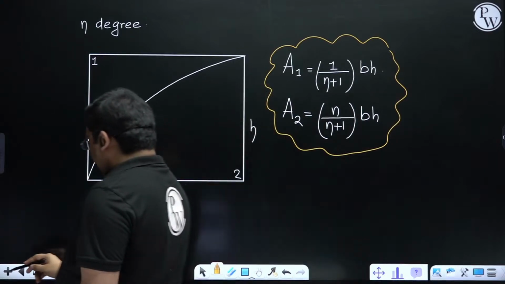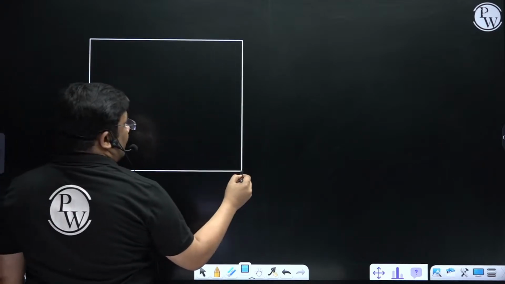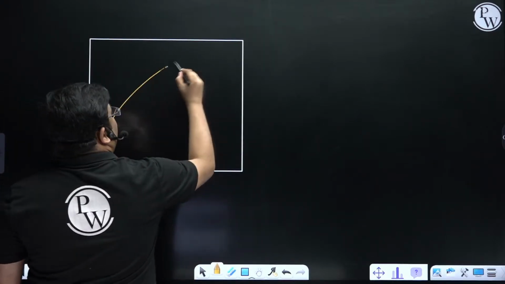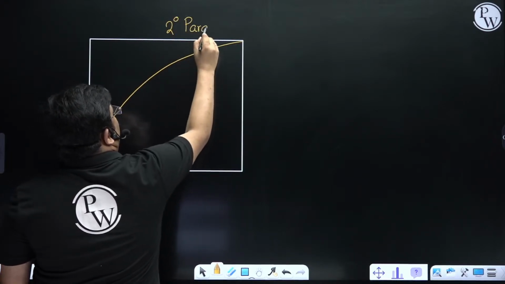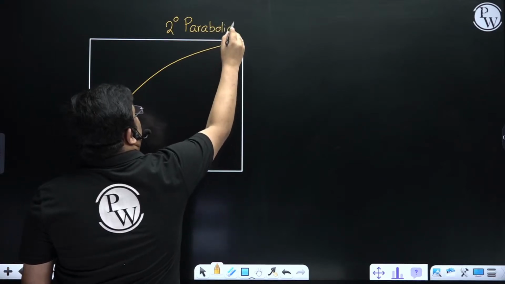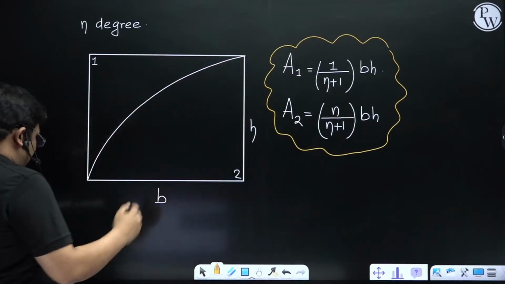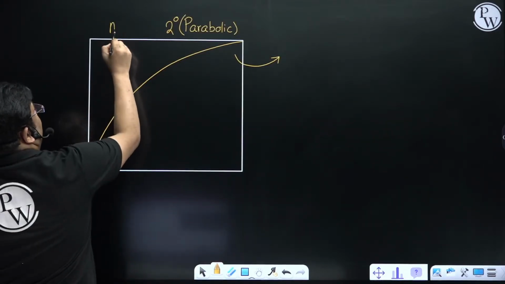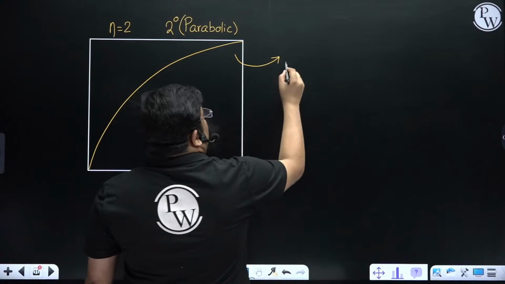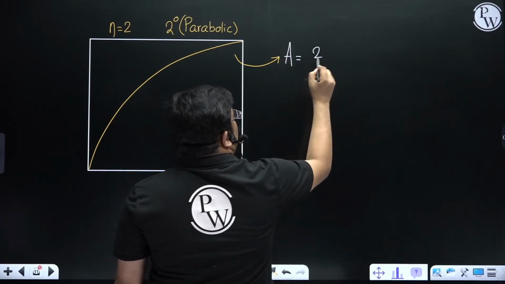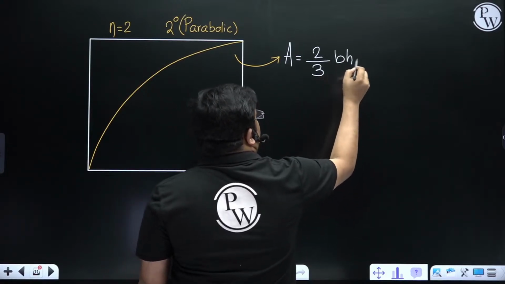And therefore, if I apply this to a parabolic curve, a 2 degree curve, then n is 2, right? So this area becomes n by n plus 1, 2 by 3 into B into H. Yes.